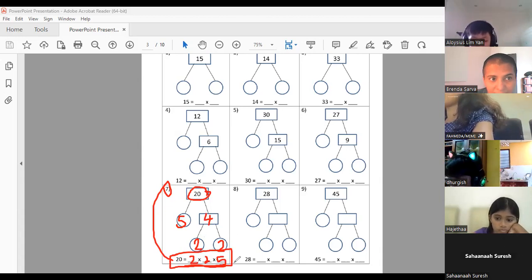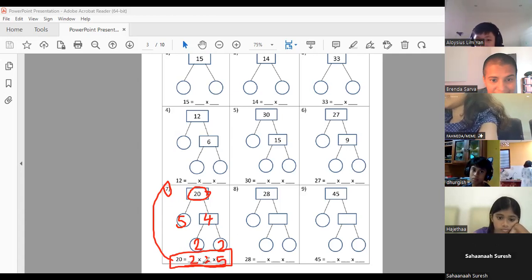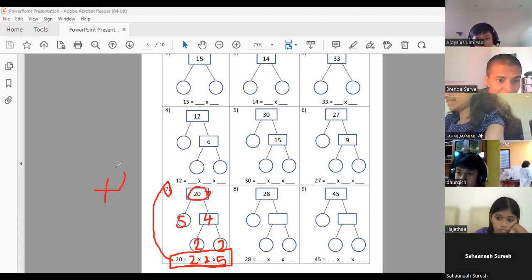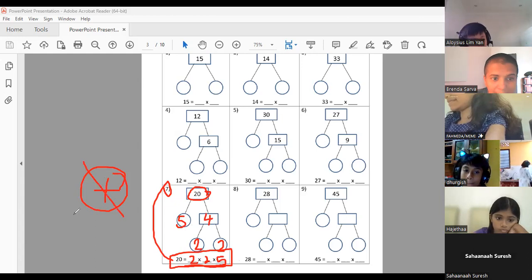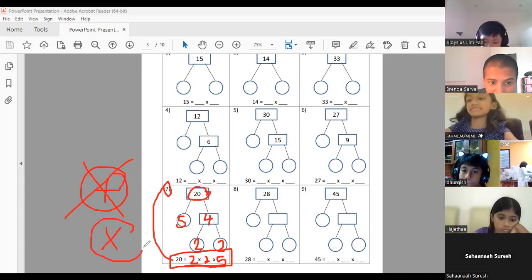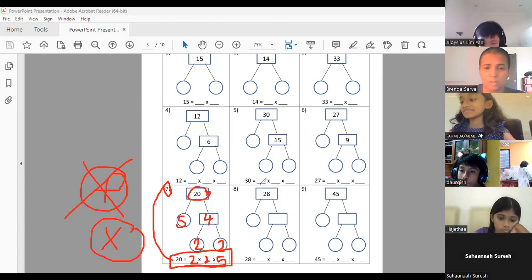Do you understand? There are 3 prime factors here: 2 times 2 times 5, or you put 5 times 2 times 2 also, no problem. Don't get confused with addition. We are doing multiplication. I know it's common for you to get confused.